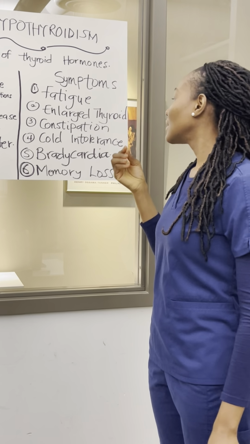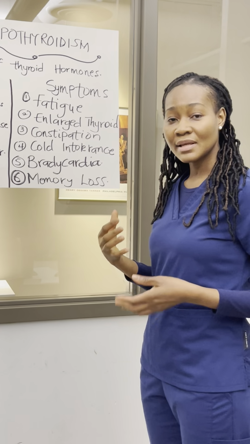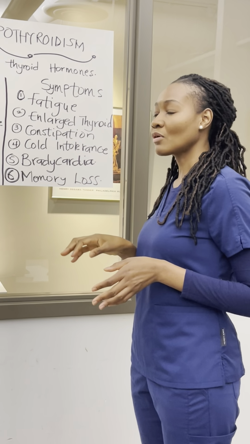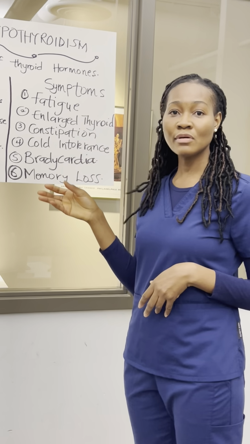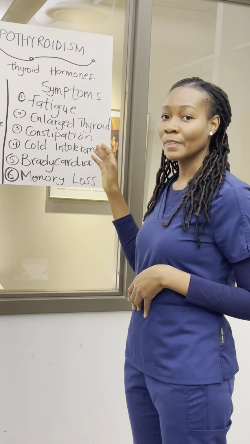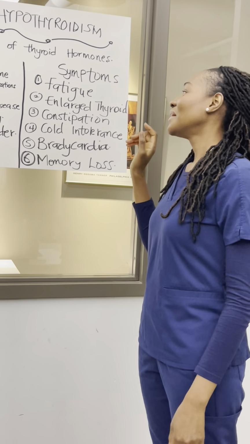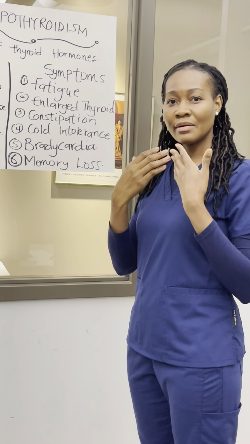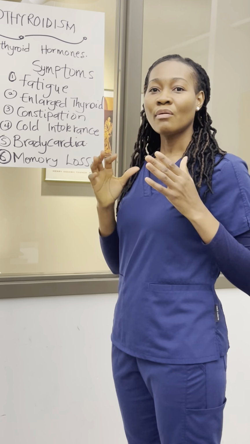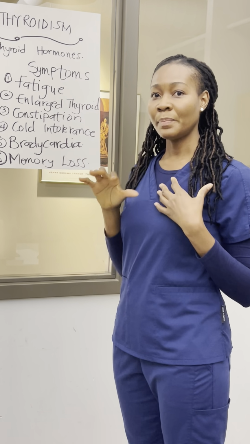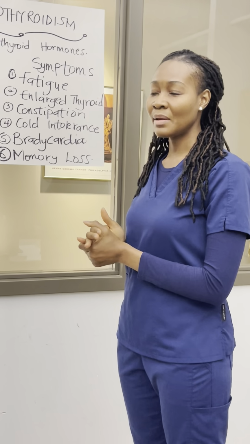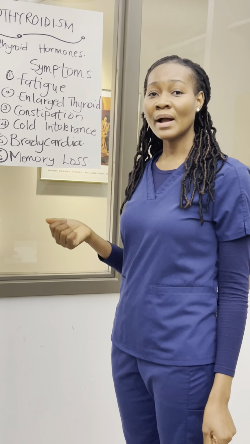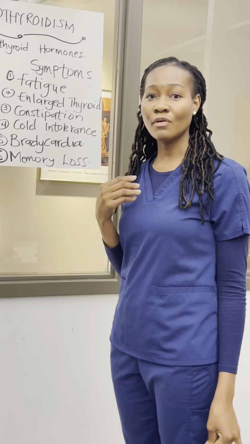When the thyroid gland is producing less and the body system is trying to correct that disorder, it can cause enlargement of the thyroid gland. In the assessment, you can see a misalignment when you view the neck of the patient when the person sits down. And as I mentioned earlier, if you see such an enlargement on the neck, then as a nurse, you have to auscultate for any bruit sounds.